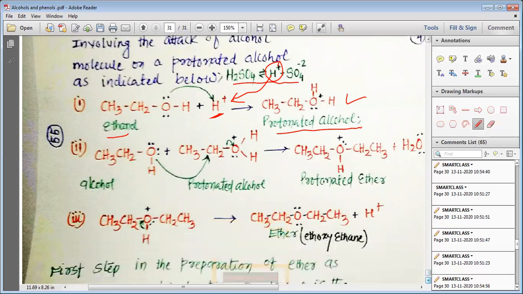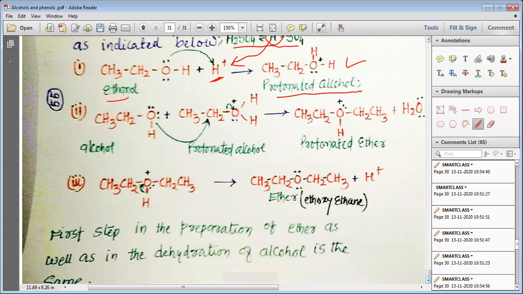This positive charge on oxygen is not so stable. So in the next step, this protonated alcohol reacts with another molecule of alcohol. The other molecule of alcohol has oxygen with two lone pairs. This lone pair of electrons attacks the carbon of protonated alcohol, and ultimately the addition product is obtained.